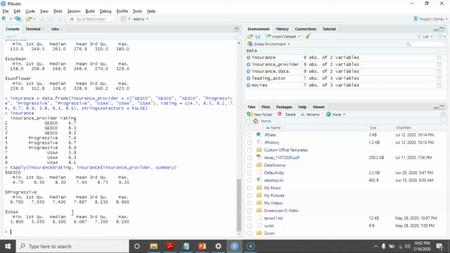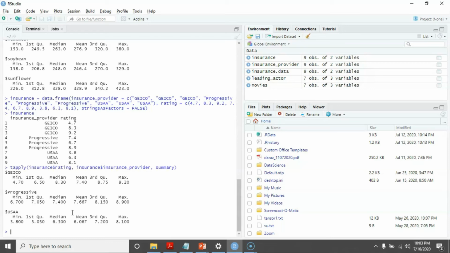Similarly, if you can see here, the max value, which is 9.20 in case of GECO. Progressive has a minimum of 6.70, and the maximum value is actually 8.90, and the mean is actually 7.667. By the way, this is an interesting problem. The third one, USAA, 3.8 minimum value, mean is 6.067 and max is 8.